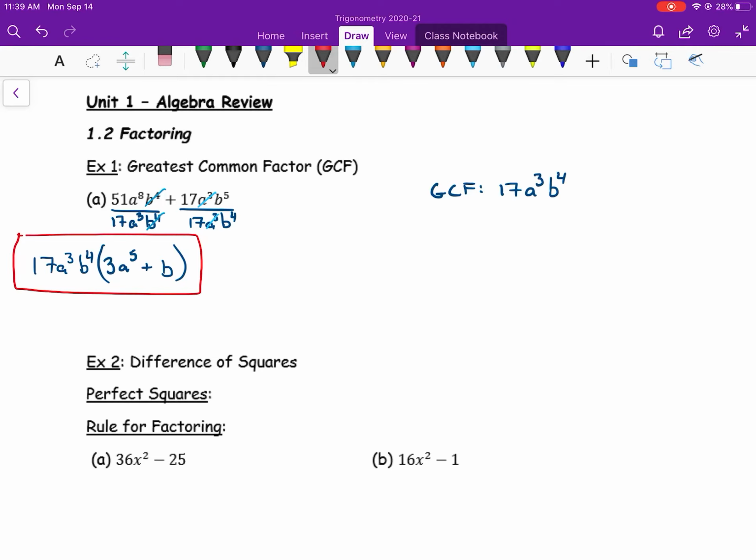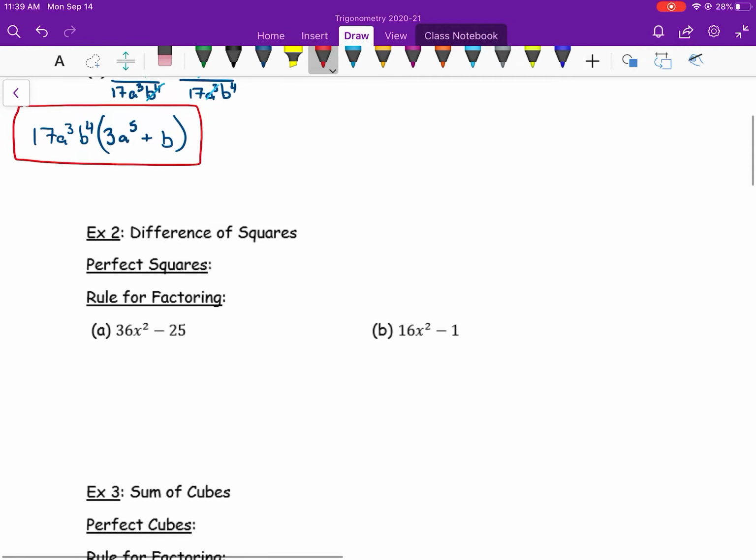Then move on to difference of squares. Some of our perfect squares we talked about in our do now the other day. 1 squared is 1, 2 squared is 4, 3 squared is 9, 16, 25, 36, 49.